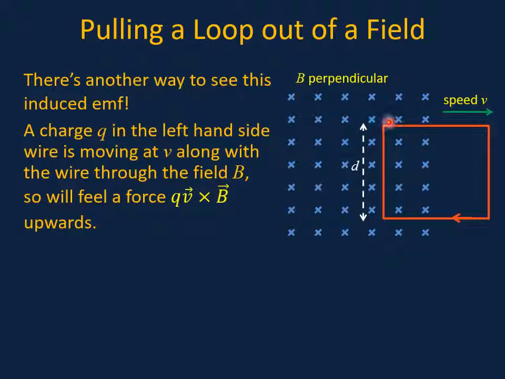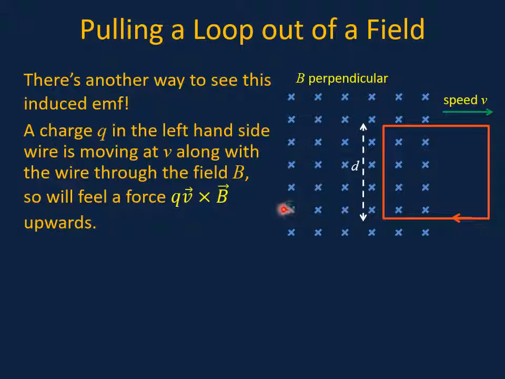So we have the velocity v like this, and the magnetic field going into the board. And if we think about a right-handed screw, the way that the wrench would turn in order to go from the direction of v to the direction of B, the screw would move upwards.